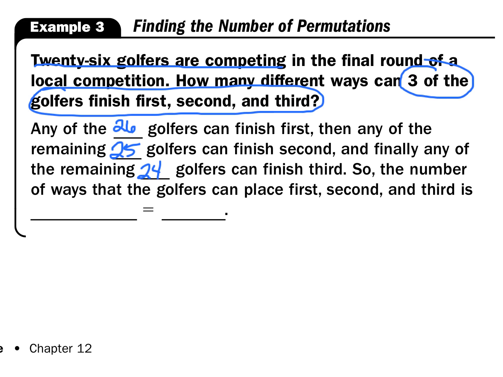So the number of ways that the golfers can place first, second, and third is 26 times 25 times 24, which on a calculator gives us 15,600 different possible ways that the 26 golfer competition can have a first, second, and third place.